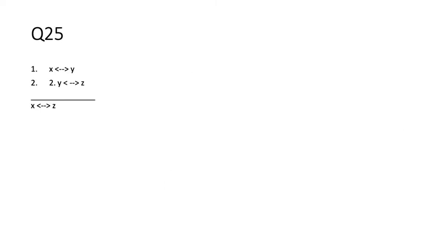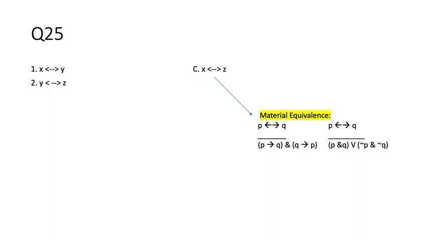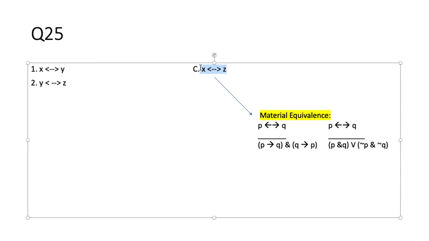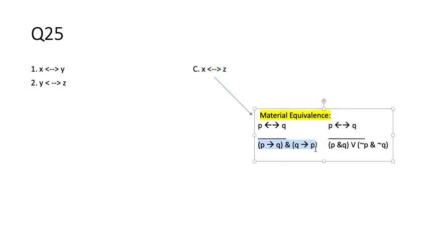Last question. Again, I have a conclusion that's a biconditional, so I'm going to think that thing that I said before. I'm going to note to myself, okay, a biconditional is equivalent to this conjunction of 2 conditionals.